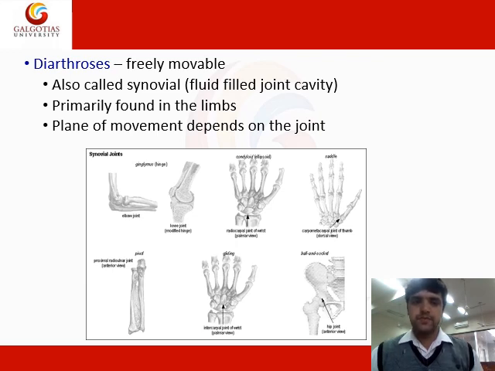Primarily it is found in limbs. The plane of movement depends on the type of joint. Even though they are freely movable, the direction in which movement is possible depends on the type of joint and where it is located.